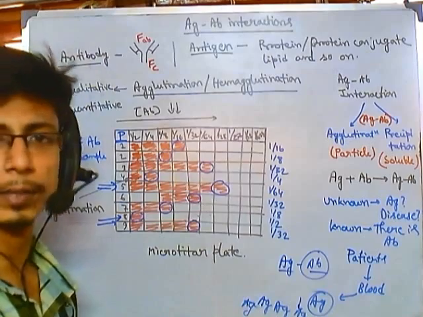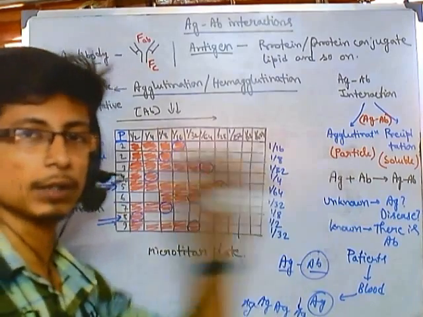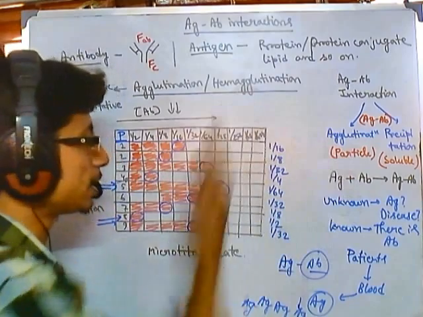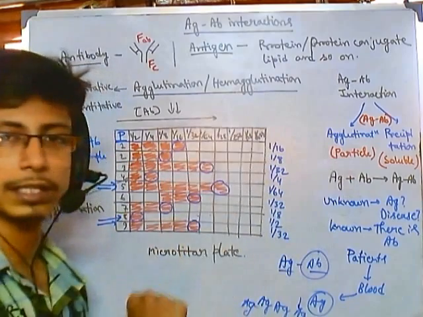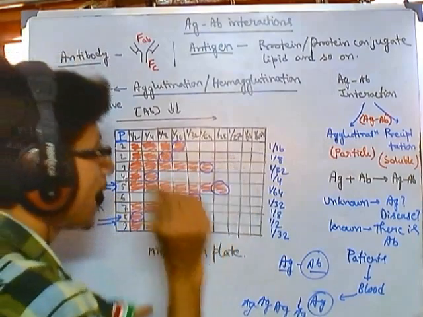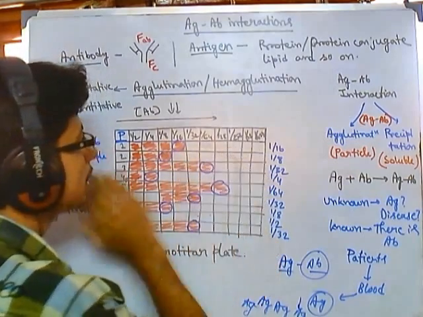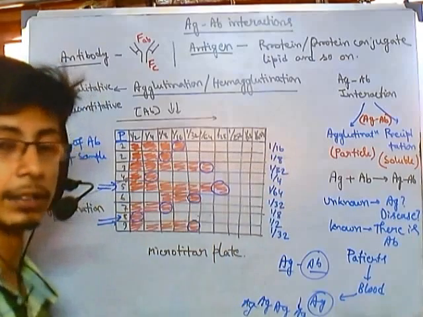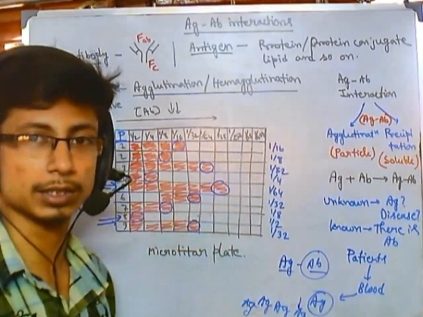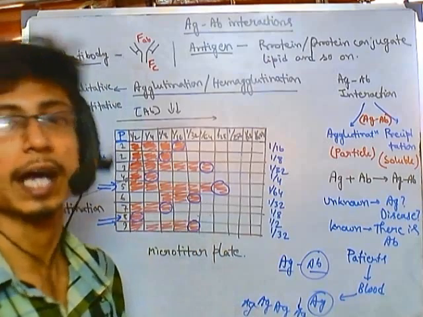It won't harm anything. But if it exceeds 1 by 8 titer and gives you higher titer and higher dilutions, that means you have higher and higher amounts of antigen, so your sample is infected in higher amounts.